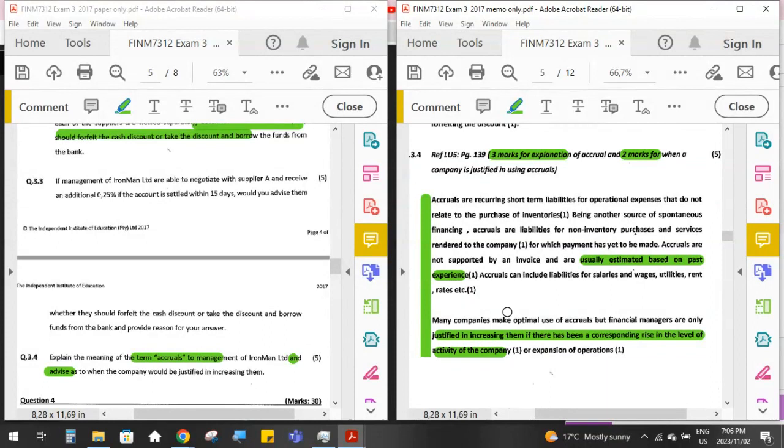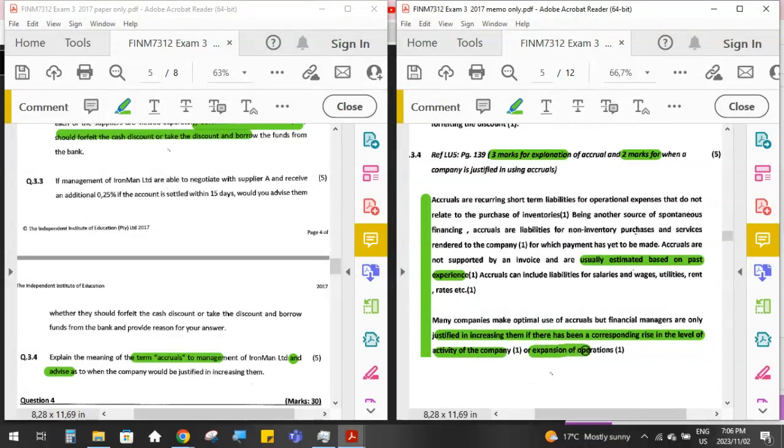So let's say the past 3 months, your electricity and water bill was 20,000 Rand. But now in this current month that you're going to do the accrual for, production doubled. Only then are you justified in accruing 30,000 Rand for your water and electricity bill, because the activity level of the company did increase.